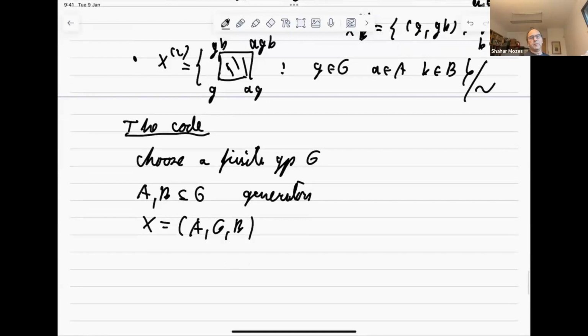The same way as in Spielman, where there was one base code, we are going to choose base codes.